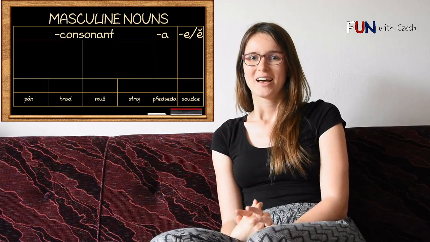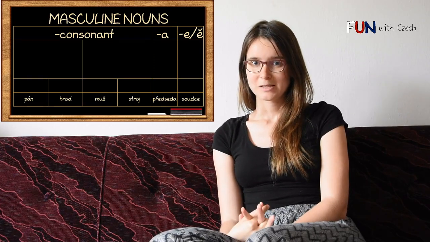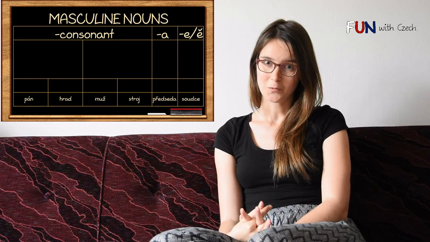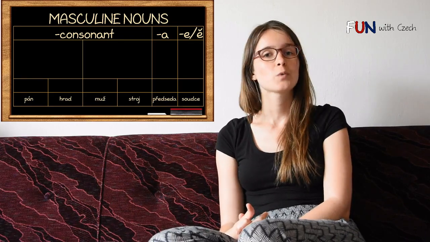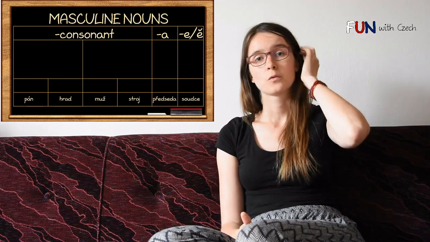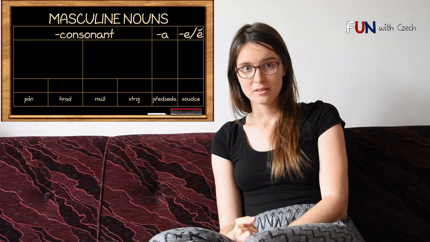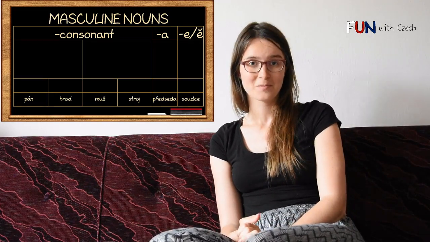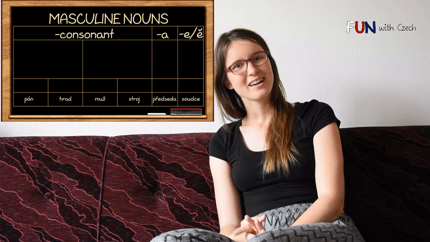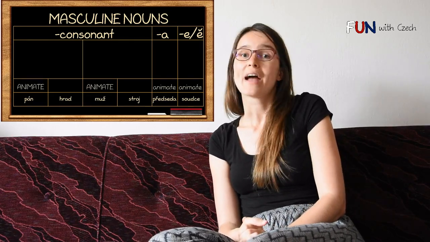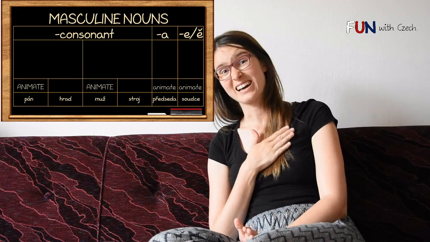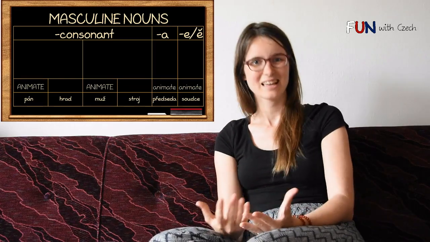And now, there are 2 things we have to pay attention to when talking about masculine nouns. The first one is whether the word is animate or inanimate. What does it mean? Animate are those things that are alive, like people or animals, like something that has the heart beating, you know, when it's alive.